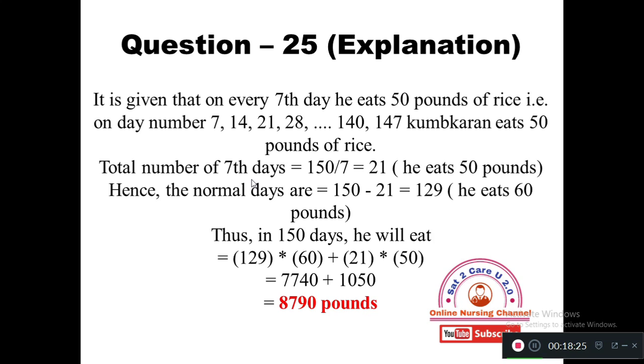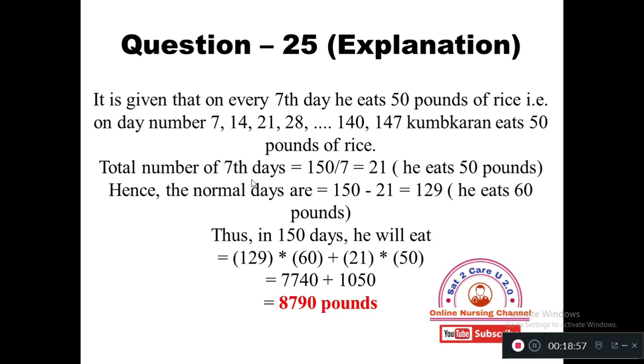Like that, the remaining days: minus this 21 from the 150, we get 129 days. In 129 days, he has eaten 60 pounds of rice. So now we multiply 60 pounds with 129, plus the value of 21 days multiplied with 50 pounds.